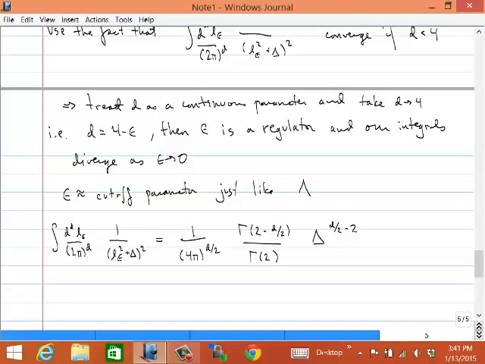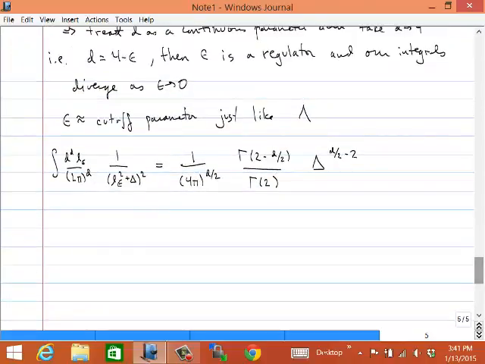So this is the answer for this d-dimensional integral of 1 over L Euclidean plus delta quantity squared. It involves a gamma function. One of the things that you need to remember about the gamma function is that as the argument of a gamma function is taken to 0, the gamma function diverges. It has a simple pole, looks like 1 over x, along with a constant term, typically called gamma, the Euler-Mascheroni constant.